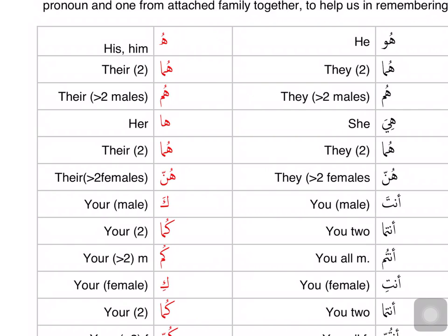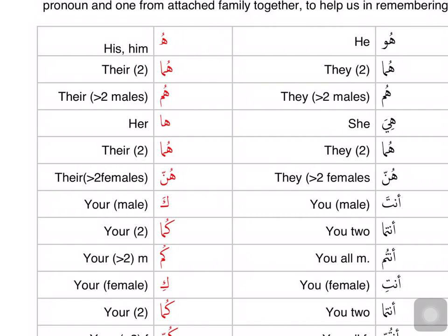For huma in the female version also stays the same. And hunna is also the same. So actually for the third person, we just have to remember two. For huwa, it's going to be hu. And for hiya, it's going to be ha. The rest, detached or attached, is the same.